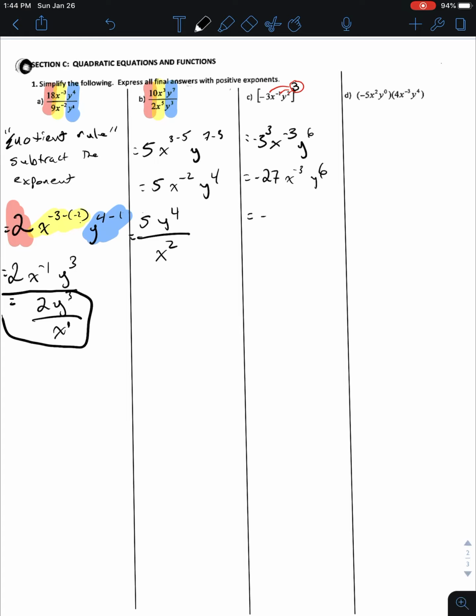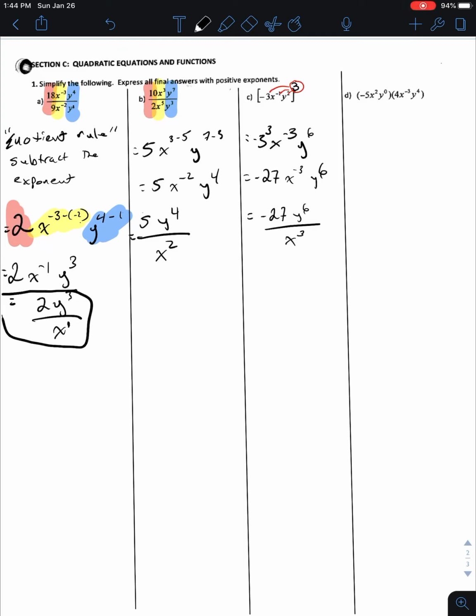So 3 times 3 times 3. A negative times a negative is a positive, times a negative. Good. So yes, negative 27.